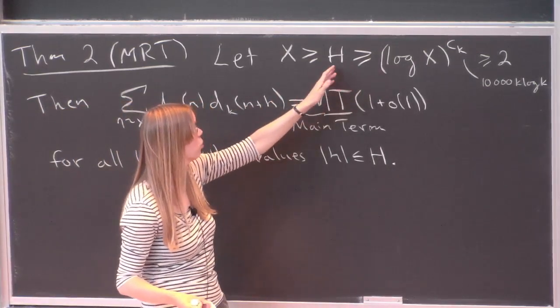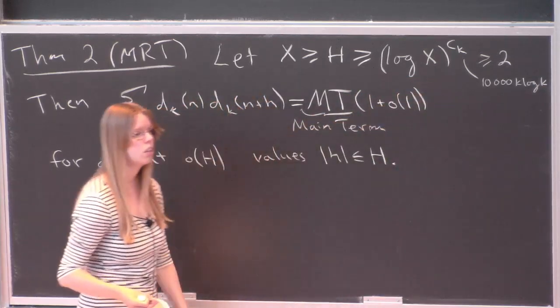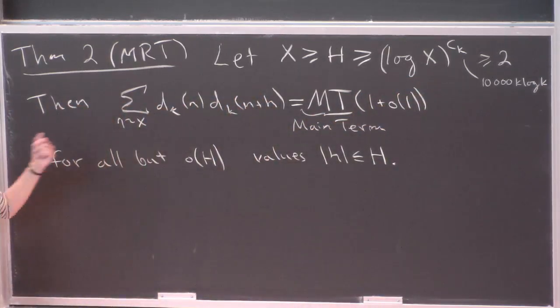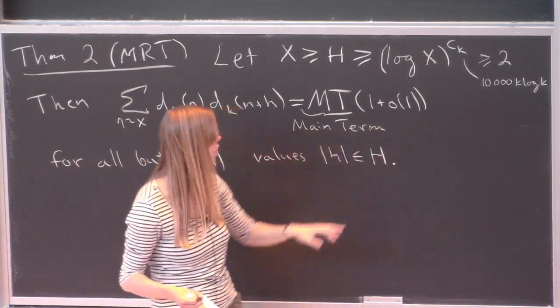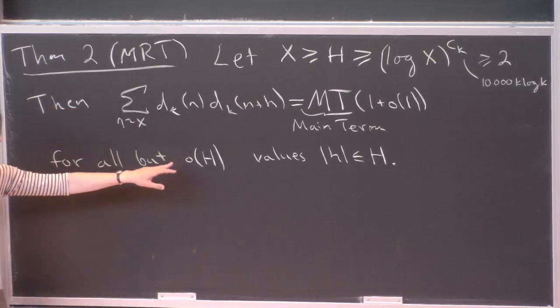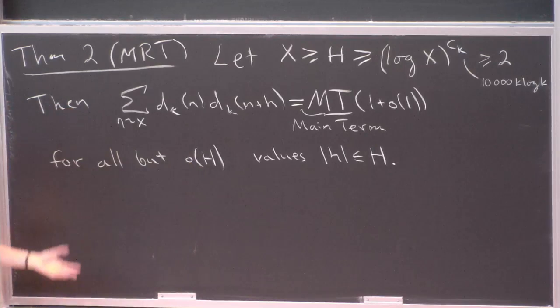I mean, we can do almost all h in a pretty short range, but what we have to pay for it is that our error terms are bad. We just have e to the power of 1 instead of log savings, and we only have that the exceptional set is e to the power of h rather than log savings here. So that's the price we have to pay for going into shorter intervals.